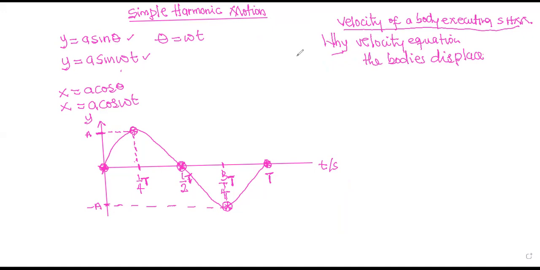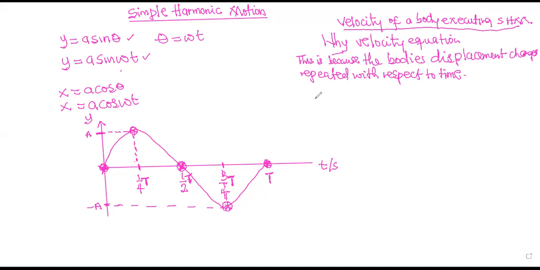So this is because the body's position or displacement changes repeatedly with respect to time. So if you are quizzed on why you are to determine the velocity of a body doing simple harmonic motion, it is because the body's displacement is changing periodically or repeatedly with time.